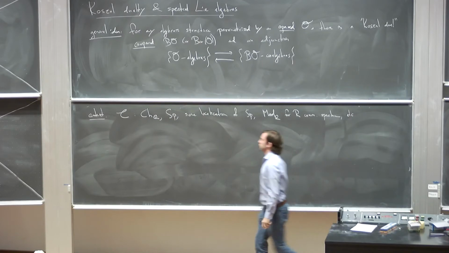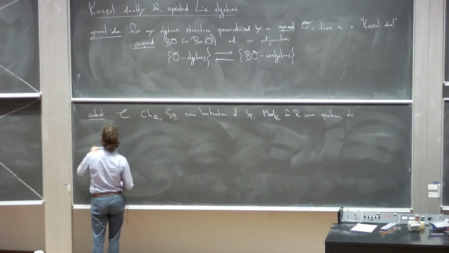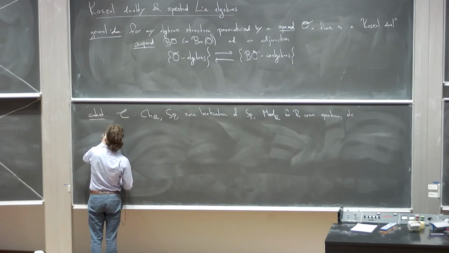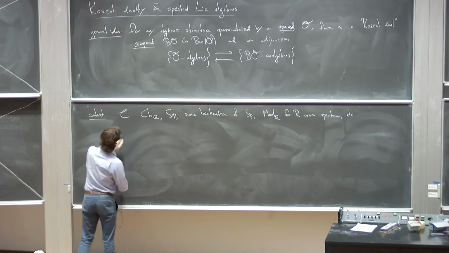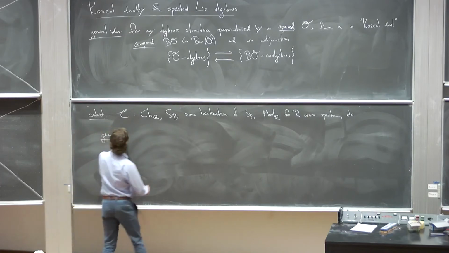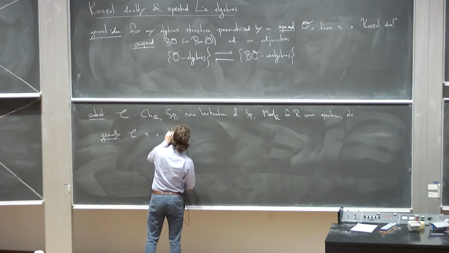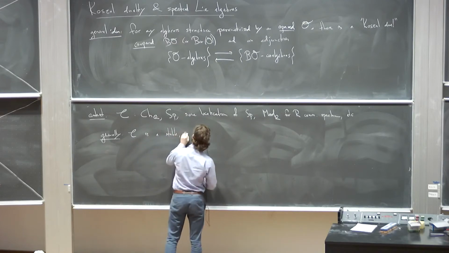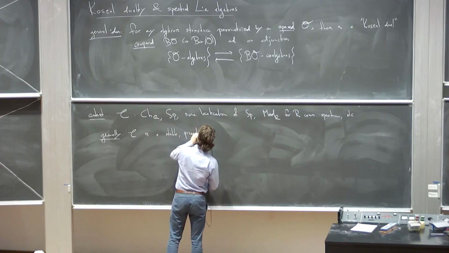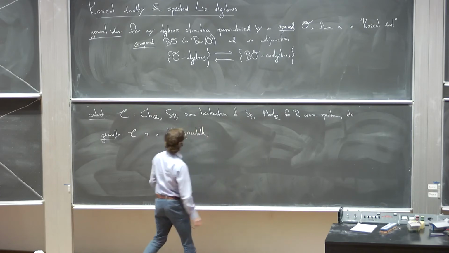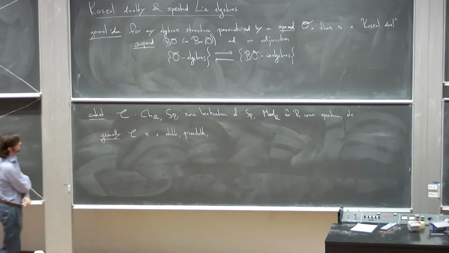Generally, the assumptions I'm going to need on C are the following. These are all examples of those. So C is going to be stable, presentable. If you don't know what that is, just think sufficiently many limits and colimits.